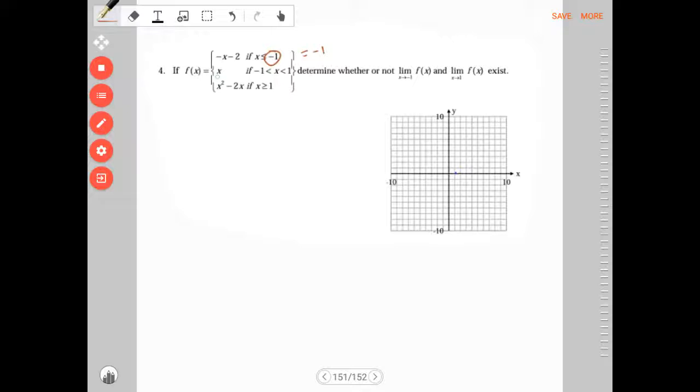Then x at negative 1 is negative 1, and at positive 1 it equals just positive 1. At x bigger than or equal to 1, we've got x squared, so 1 squared minus 2 times 1 equals negative 1.